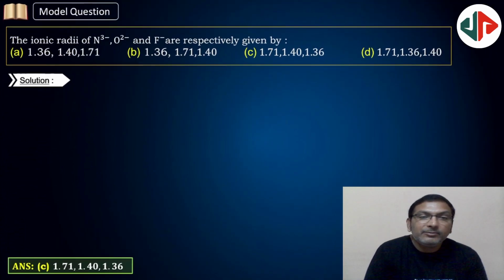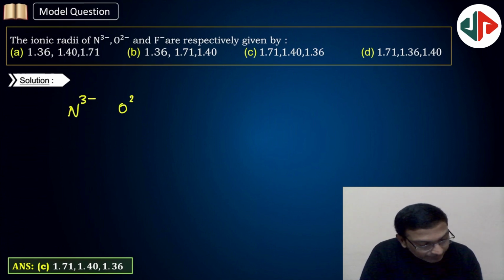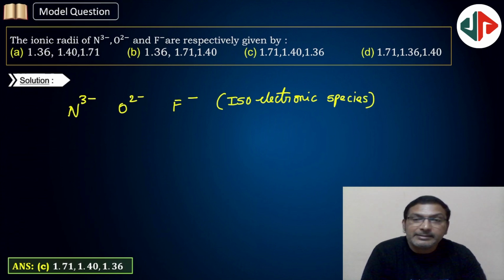Ionic radii of N3 minus, O2 minus, F minus. These are isoelectronic species.